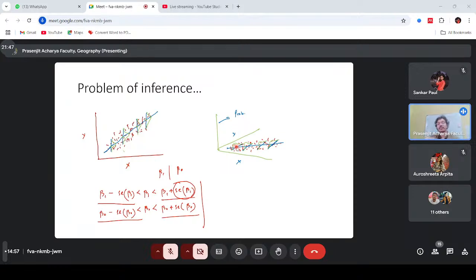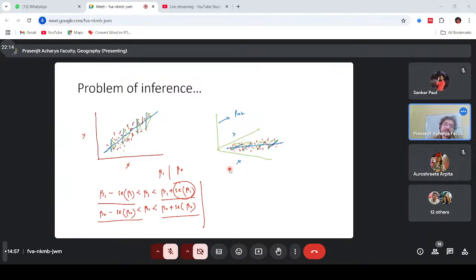You can check back your basic statistics class: the highest frequency that you observe for a normal distribution is always the mean. So therefore, the mean has the highest probability, and this regression line is actually passing through those mean estimators, right?